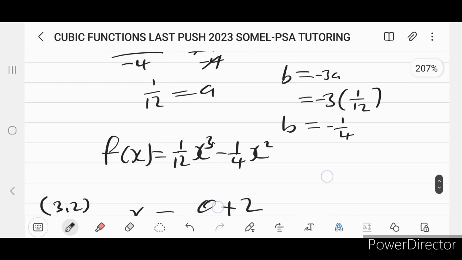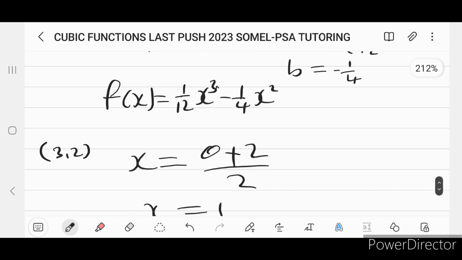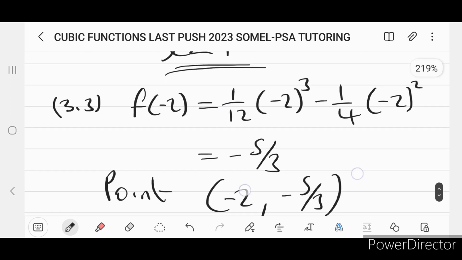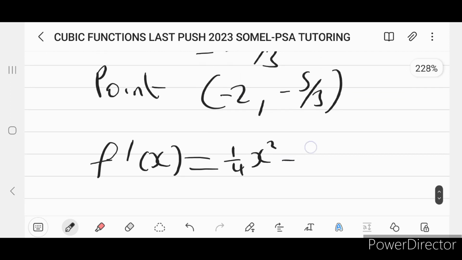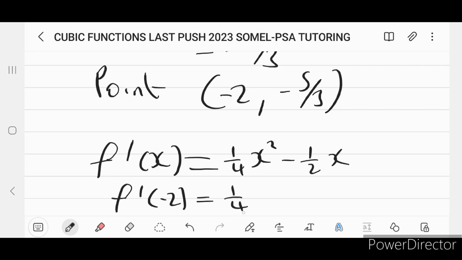Therefore, this times this is going to be a half, negative half x, negative 1 over 2x. So this is the general gradient formula, but I need specifically the gradient at minus 2. So 1 over 4 minus 2 squared minus 1 over 2 minus 2.